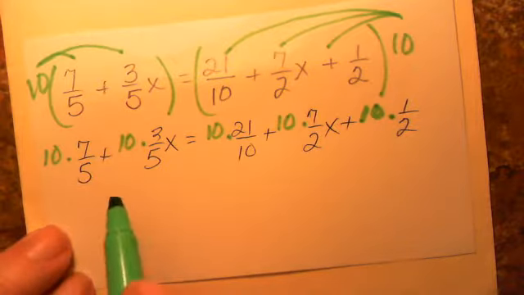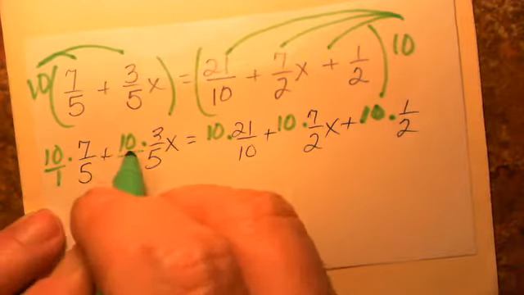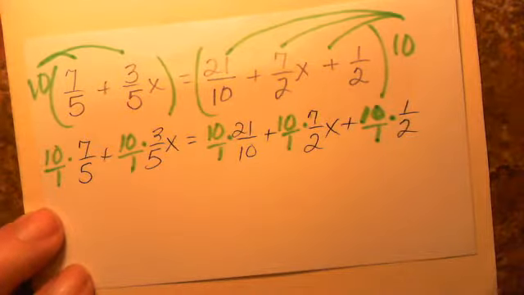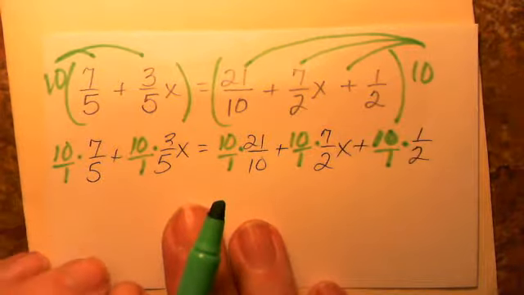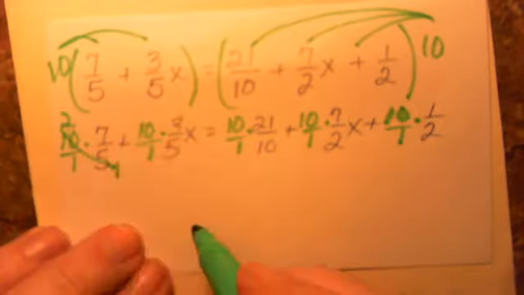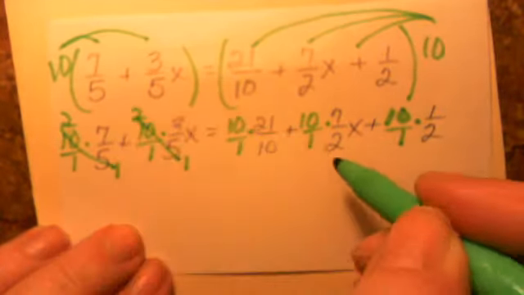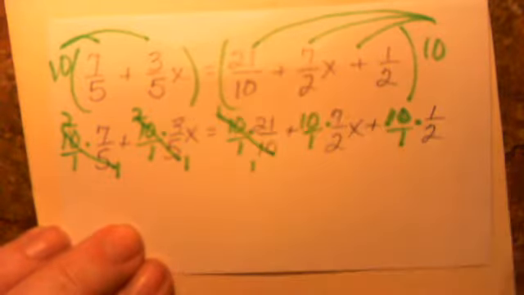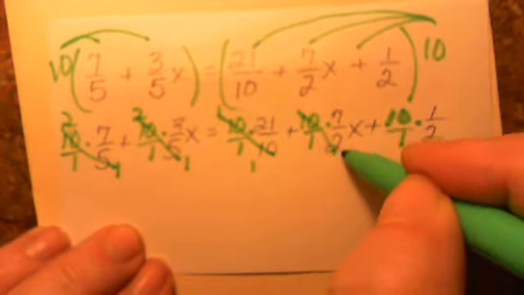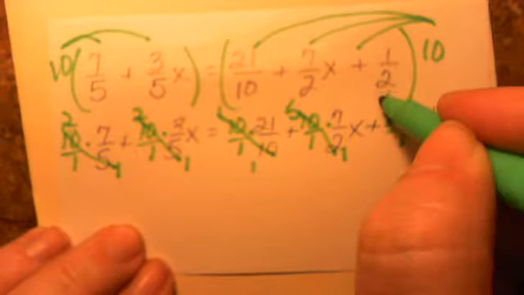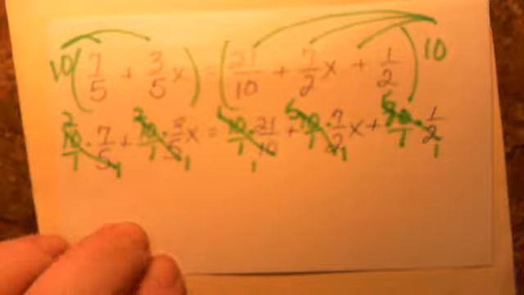And now remember, anywhere we need to, 10 can be over 1. Alright. Now let's go through and multiply and see what we can cancel. 10 over 5. Well, 10 and 5 both divide by 5, leaving 1 and 2. 10 over 5, that leaves also 1 and 2. 10 over 10 leaves 1 and 1. 10 over 2 leaves 1 and 5. And 10 over 2 leaves 1 and 5.